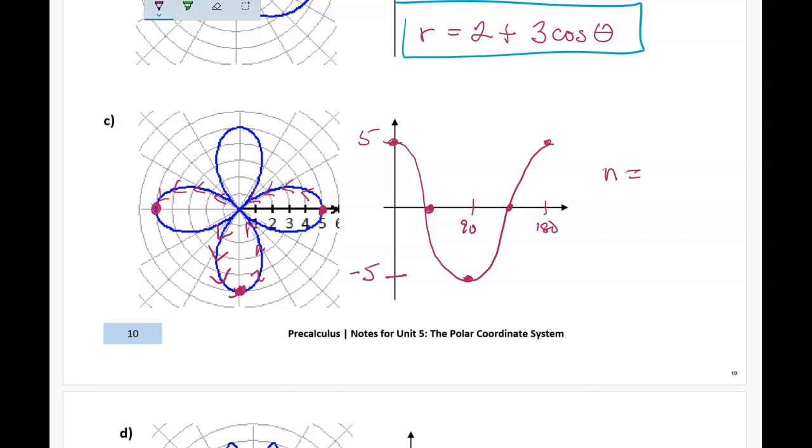All right, so that n value that multiplies theta is 360 divided by the period of this cosine function, which is 180, which means our n value is 2. The equation of this graph is r equals 5 times, and the graph we can see, since it starts at a max, is a cosine graph, the cosine of 2 theta.